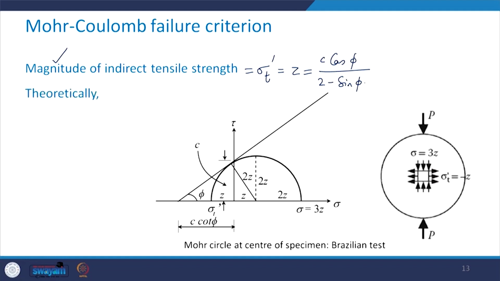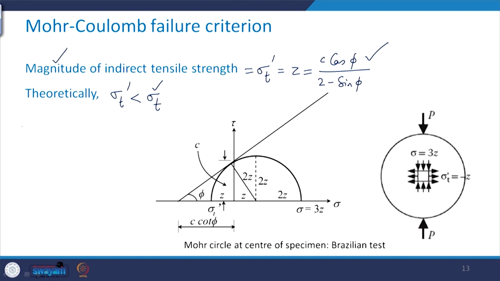Now theoretically this sigma t prime is less than sigma t. Please compare this sigma t expression which we obtained earlier with this expression of sigma t prime and you will get this.